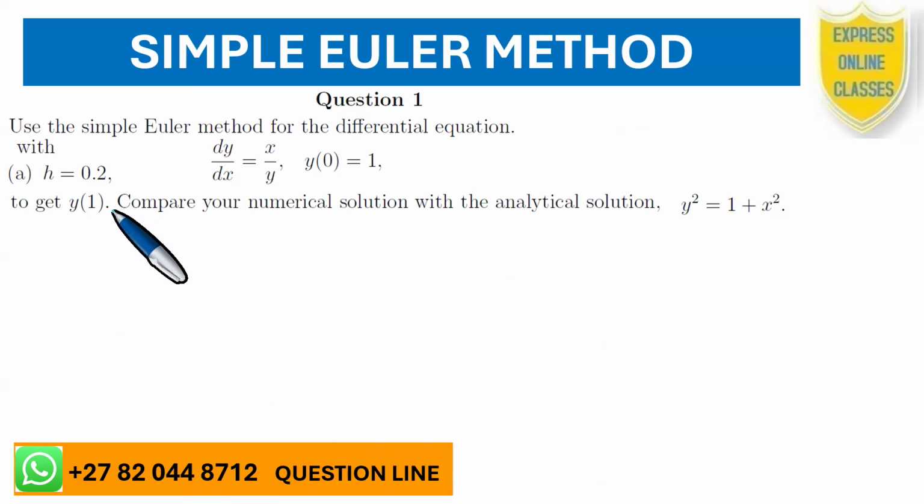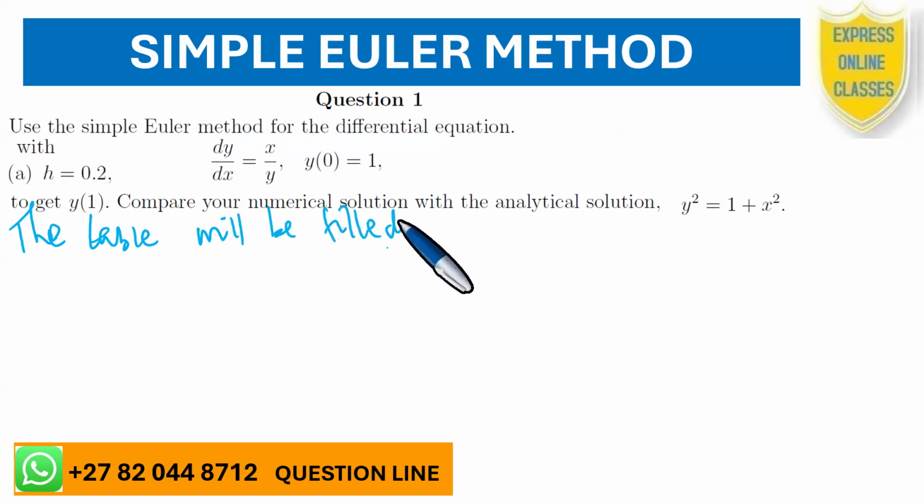As we continue, we note that the table we shall use will be filled. This method is very important because in the shooting method we use it, so you need to understand it well.